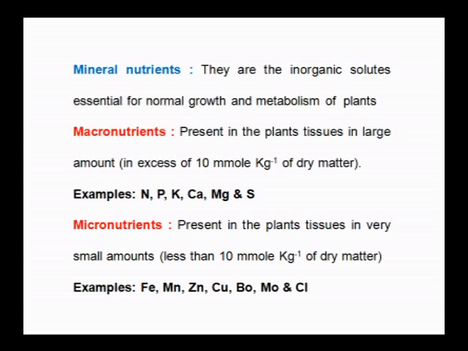Micronutrients are present in the tissue in small amounts, that is, less than 10 millimole per kg of dry matter. Examples for macronutrients: nitrogen, phosphorus, potash, calcium, magnesium and sulfur. Micronutrients: iron, manganese, zinc, copper, boron, molybdenum and chlorine.